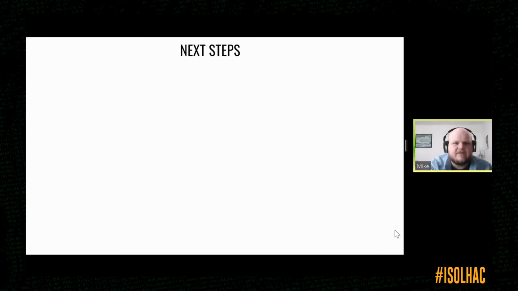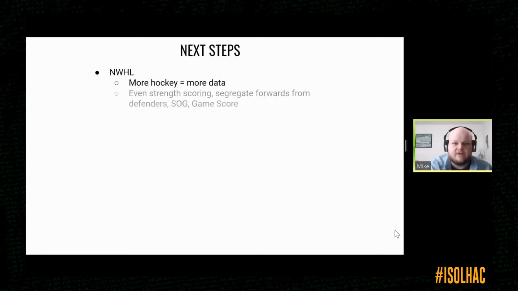So the good news is we're scheduled to have another season of NWHL hockey, and more hockey means more data. And as I mentioned before, the next season is 20 teams. There's also the expansion into Toronto. But I also know I can refine even the methodology I presented today. I can implement things like even strength scoring, which has been shown to give us more accurate translation factors in men's hockey.